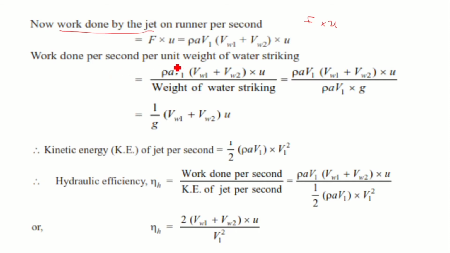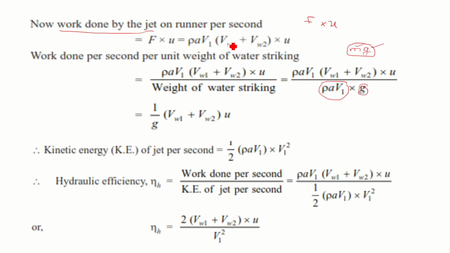Next we are going to find the work done per second per unit weight of water striking. Per unit weight means m into g, where m is the mass and g is the acceleration due to gravity. The mass term is rho a v1, and g.